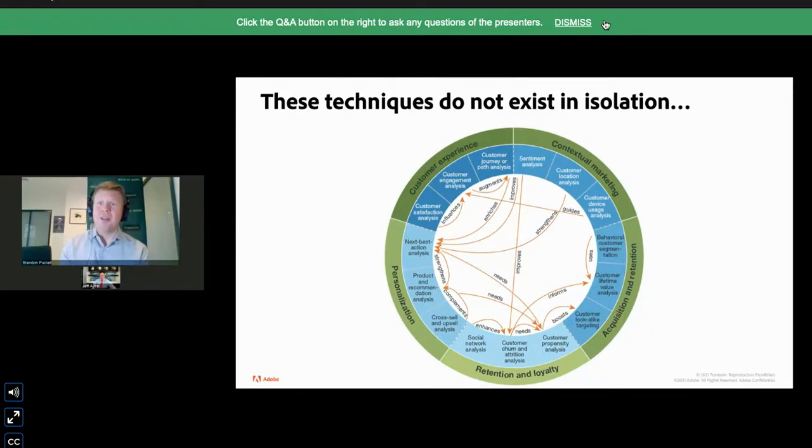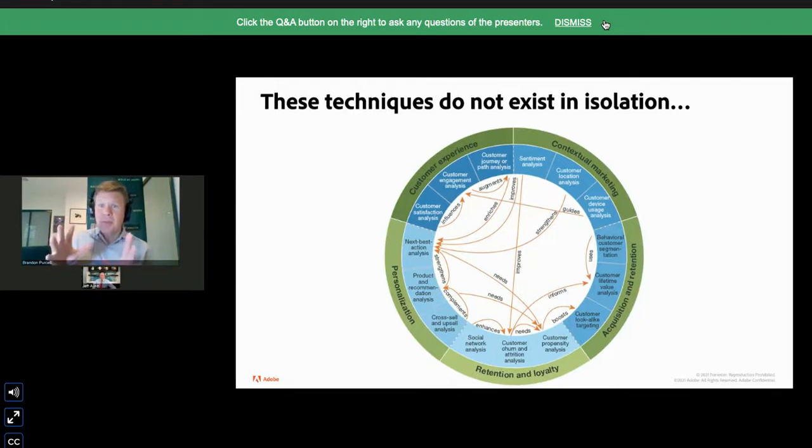So there are customer analytics techniques that help you with customer acquisition. At 6 o'clock on the diagram, there are techniques that help you retain the customers that you have to build loyalty that drives retention. Moving along, we have techniques that help with personalization, that one-to-one experience that many companies are striving to deliver to their customers. And finally, we have techniques that help you understand and improve the customer experience.